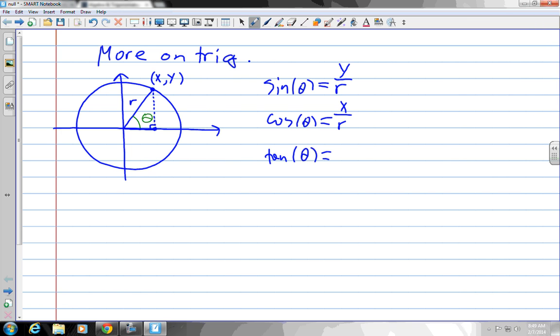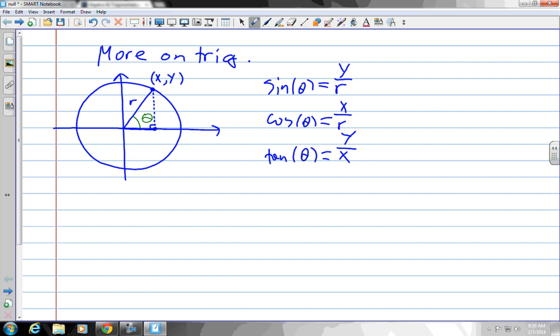Again, on the unit circle, if r equals 1, cosine theta is just the x value. And tangent is irrelevant of the value of the radius. Tangent is the ratio of the opposite side to the adjacent side, so it's y over x. Is that okay?